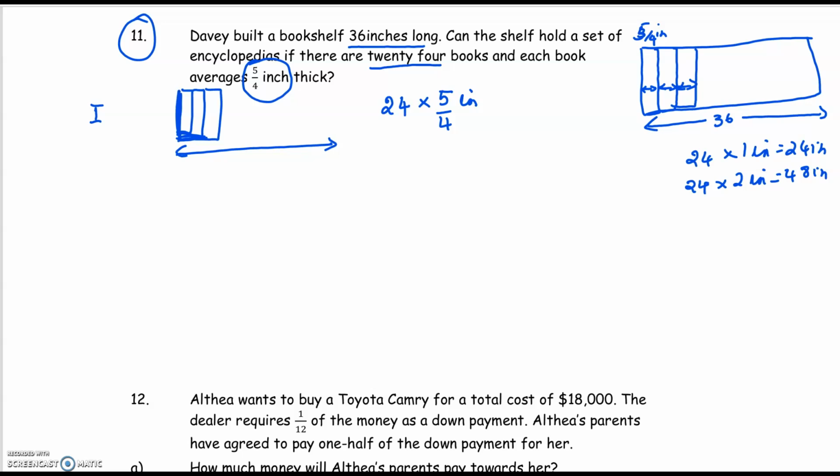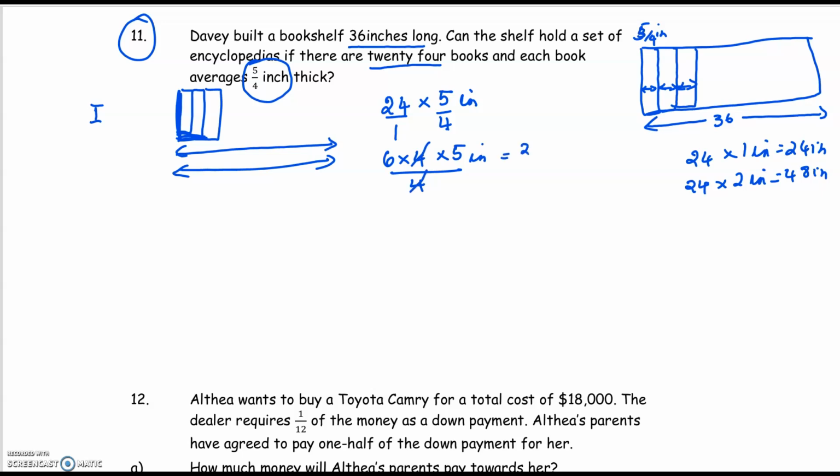But now it's a fraction. So 24 times 5/4 of an inch is what is going to give us this total length. So let's multiply 24 with 5/4. So 6 4s are 24, times 5 divided by 4 inches.